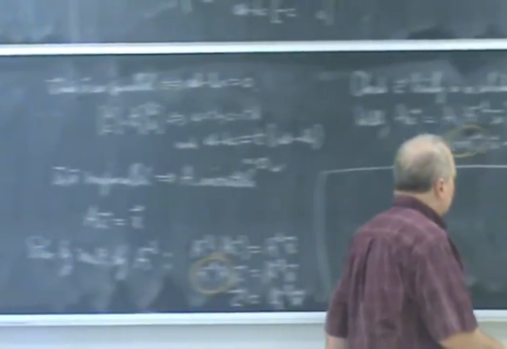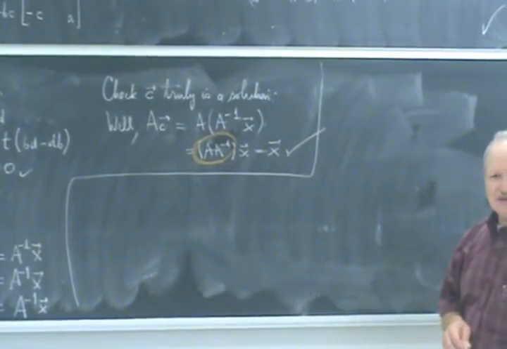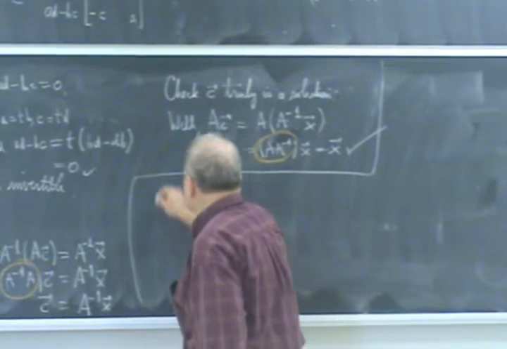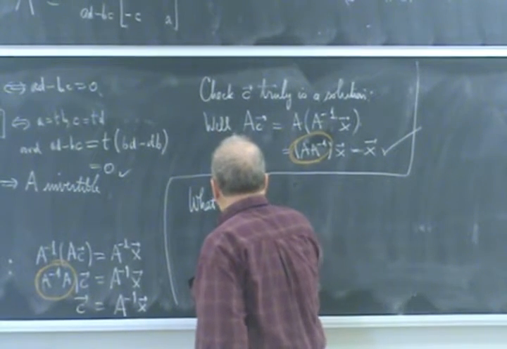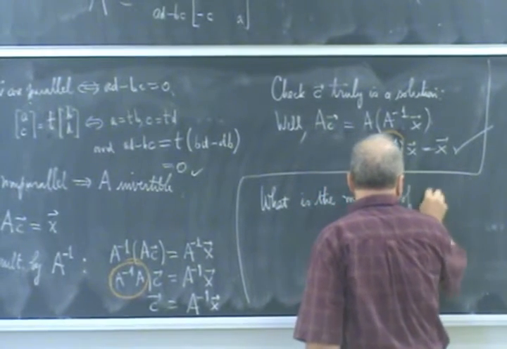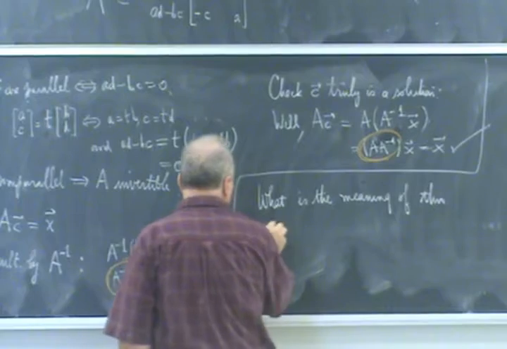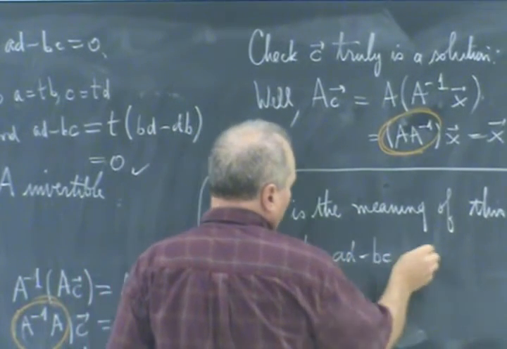All right. So I want to now proceed into section 5 and talk about, today and on Friday and a bit more on Monday, what is the meaning of this quantity AD minus BC.